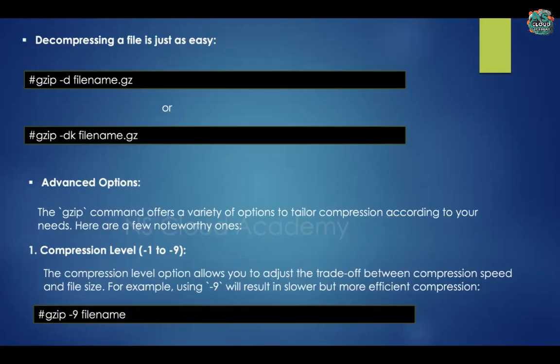This is the compression level option, so basically you can adjust how much you want to compress. -9 will compress slowly, but it will be more efficient. So if any file you are compressing is related to security, use -9.